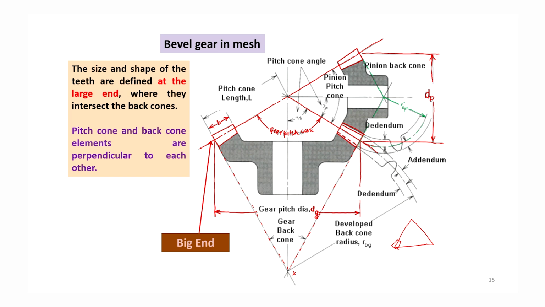So, this is actually called the back cone. From the apex of the back cone, taking that as a center and radius equal to this distance, this is the radius.